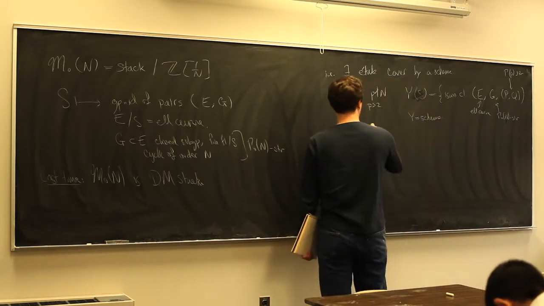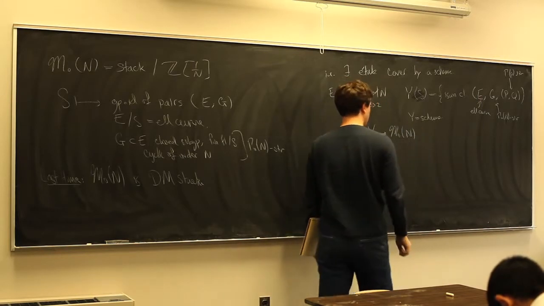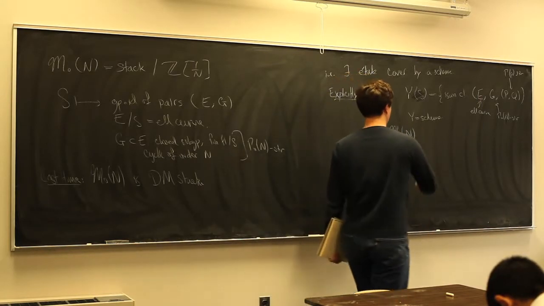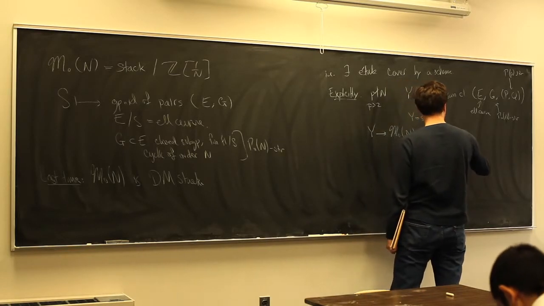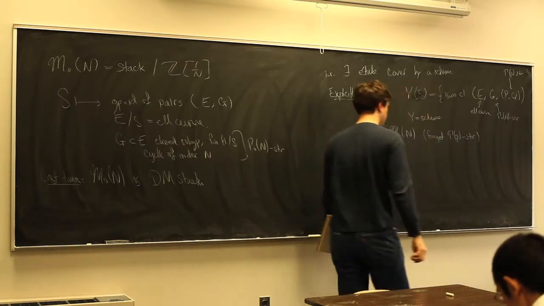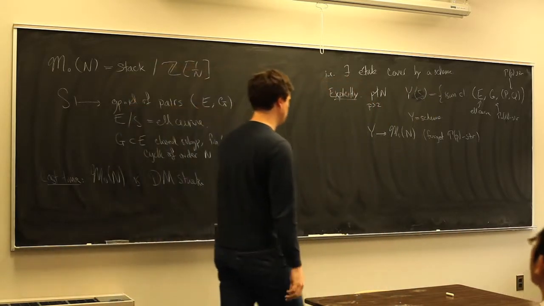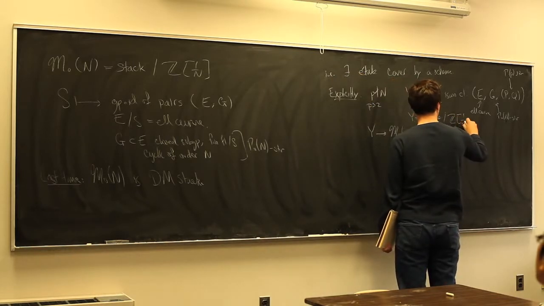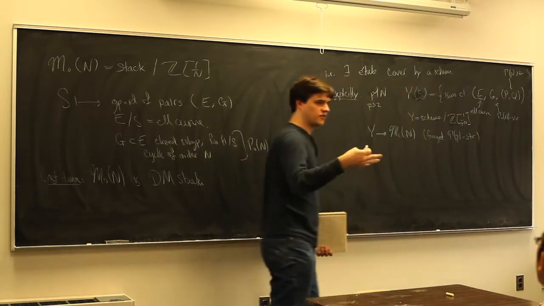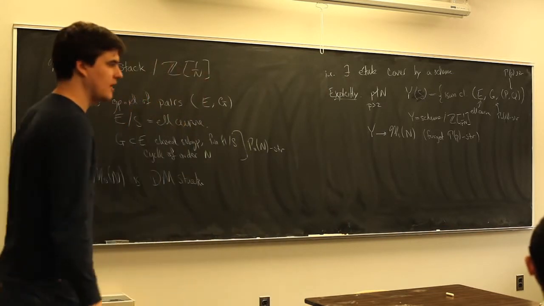And we have a map from Y to M_0(n), which is to forget the Gamma(p) structure. And this is our étale cover, at least if p is inverted. This is a scheme over Z adjoin 1 over pn. So you have to use various different primes p to get something that works over the full Z adjoin 1 over n.